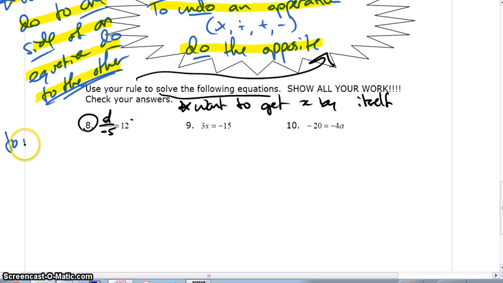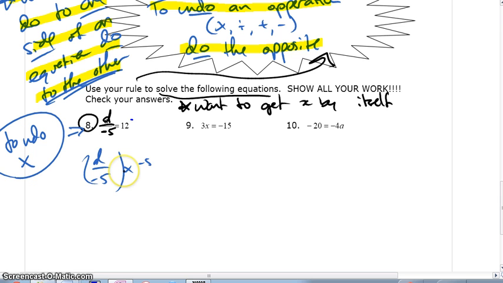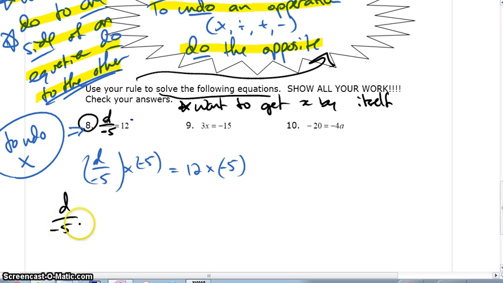So to undo, we're going to multiply. So d divided by negative 5, and we're going to multiply by negative 5. Now we've got to think about this too. We have to multiply the other side by the negative 5 as well. Alright, so here's what's going to happen. I'm going to put in a couple extra steps for you here, just so you can see the math.